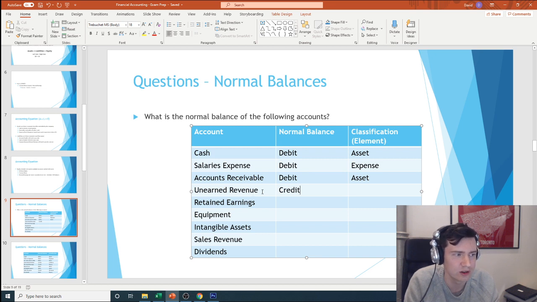So unearned revenue is a liability because you owe a service, and that's essentially what a liability is. It is a future economic sacrifice or obligation that you normally can't get out of because you've received cash. Many times, unearned revenue arises because you have received cash in advance of providing the service. So you owe them the service later on.